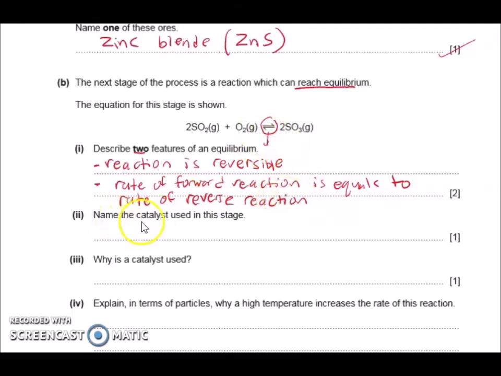All right. So name the catalyst used in this stage. Okay, this part is kind of critical, and you have to remember the catalyst. Here the catalyst used is vanadium 5 oxide. And then they'll ask you why is a catalyst used.